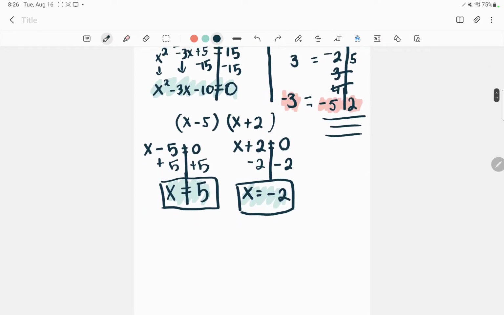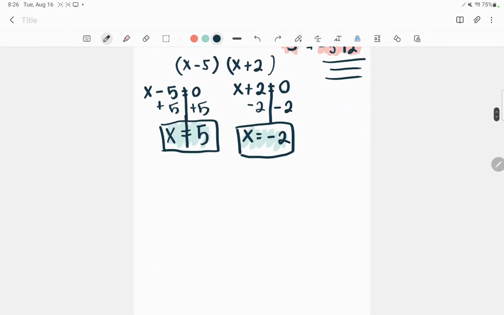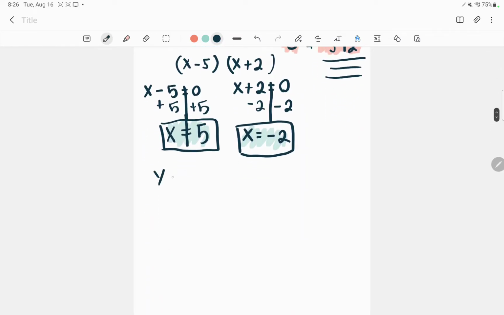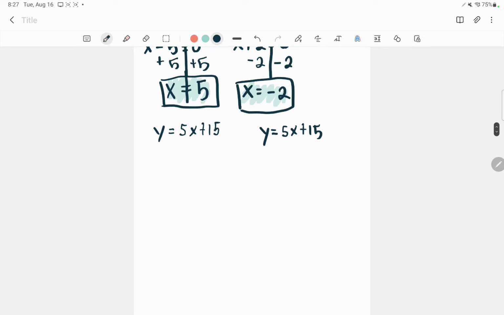So I'm going to go ahead and write it on the very bottom. So it's going to be y equals 5x plus 15. And guess what? I'm going to do the same thing over here. y equals 5x plus 15. And you're going to see what I'm going to do.